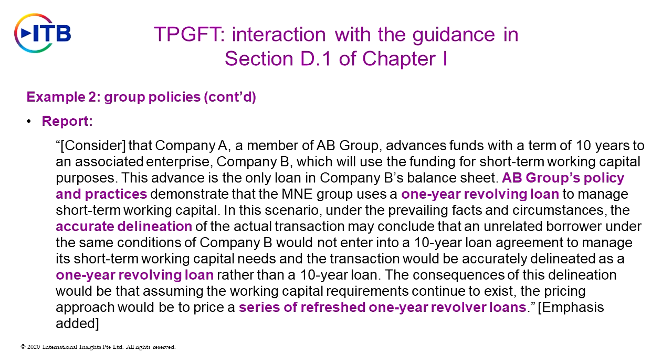The consequences of this delineation would be that, assuming the working capital requirements continue to exist, the pricing approach would be to price a series of refreshed 1-year revolver loans.